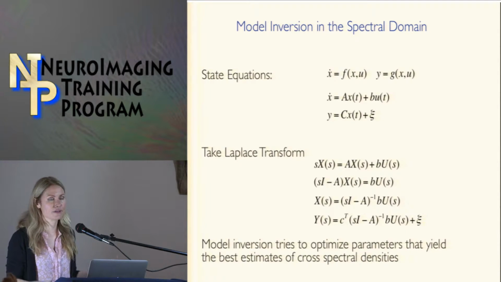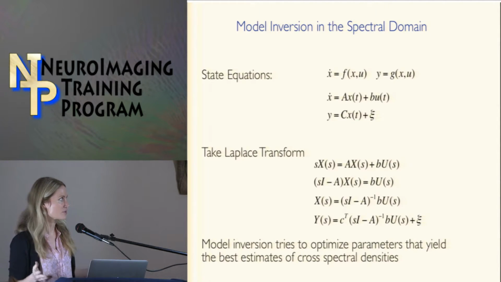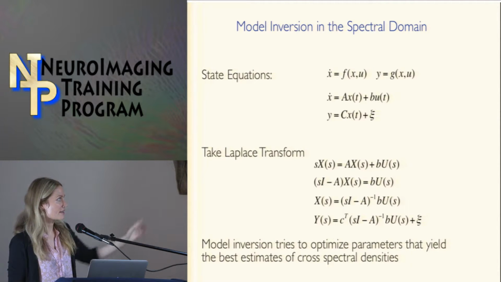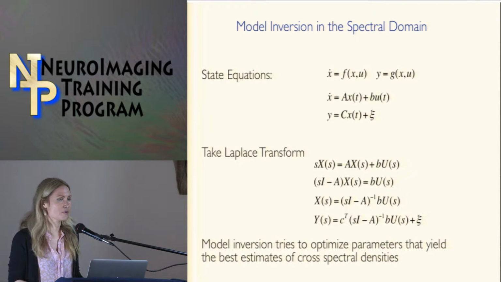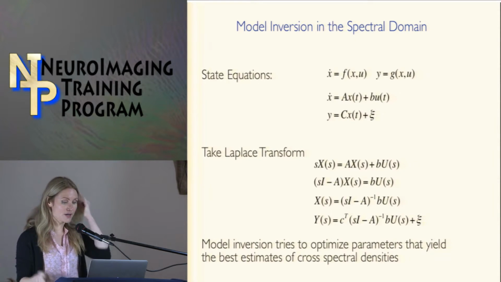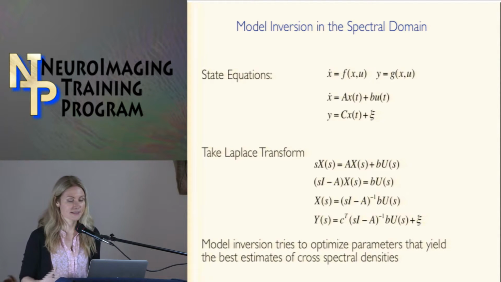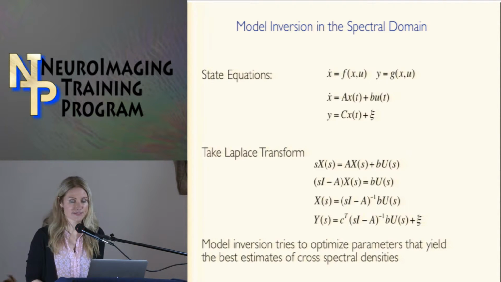So the derivative with a Laplace transform is just multiplying by s. And then you can rearrange terms, and then you can get a new form for your transfer function in the frequency domain. And model inversion in this case tries to optimize the parameters that best describe the cross-spectral densities.